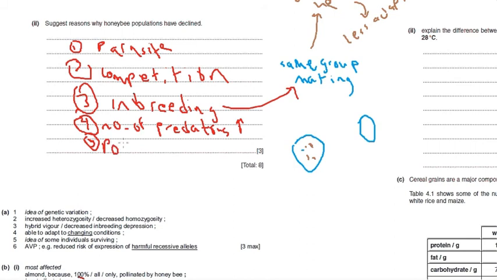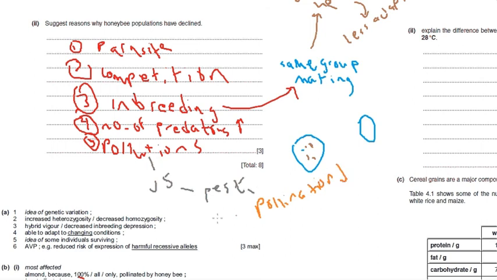In recent years there is more pollution. The farmers, for example in the US, use a lot of pesticides almost everywhere in the plantations, and so pollination goes down. So the honeybee population has declined because of pollution, number of predators, inbreeding, competition for food, and parasites.